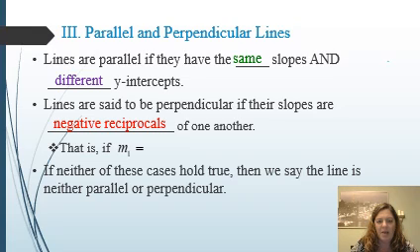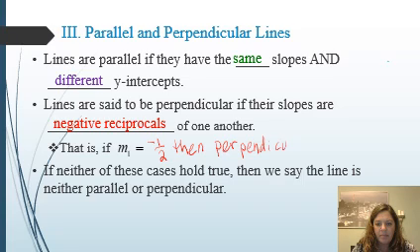So what does that mean when we say that they're negative reciprocals of each other? Let's say we have a line with a slope of -1/2. Then the perpendicular line has a slope, which we'll call m2, equaling +2.